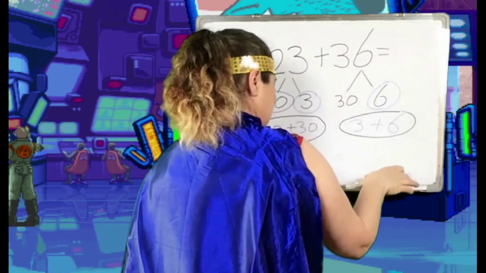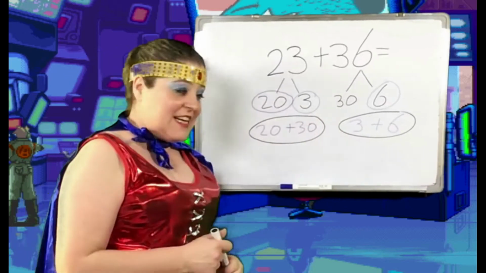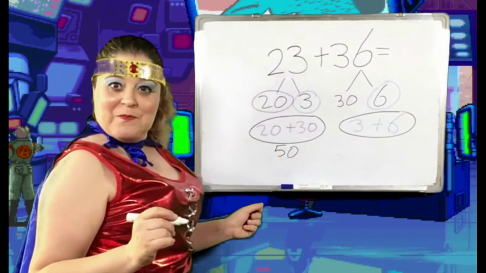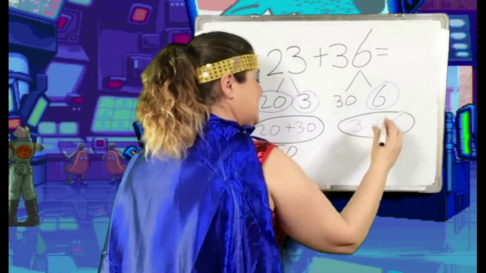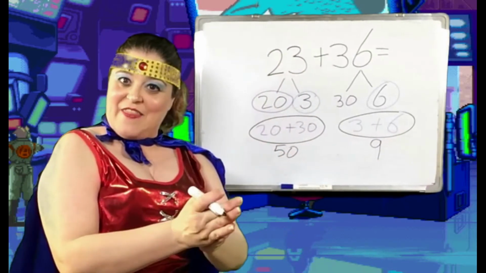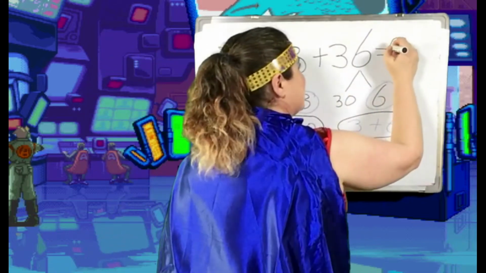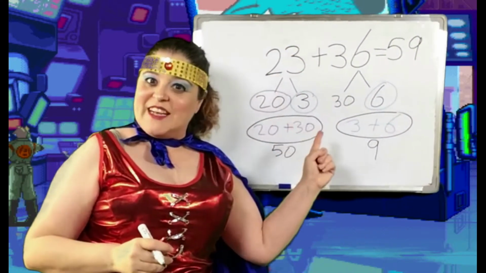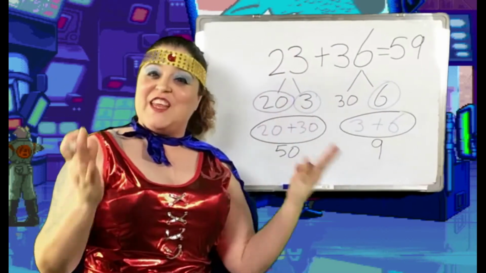So, we add the tens, 20 plus 30 gives us 50. If we add the ones, 3 plus 6 gives us 9. We put them together, 50 and 9 gives us 59. So, 23 plus 36 is 59.